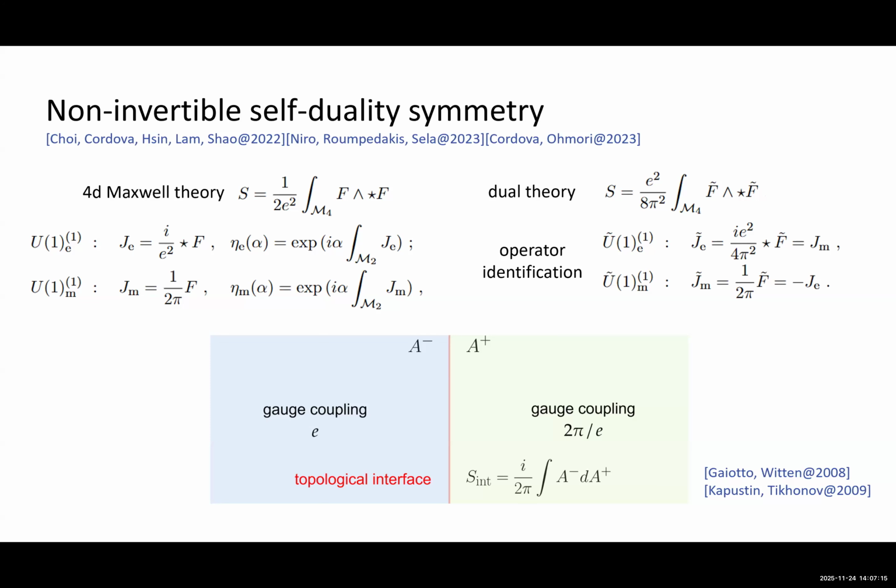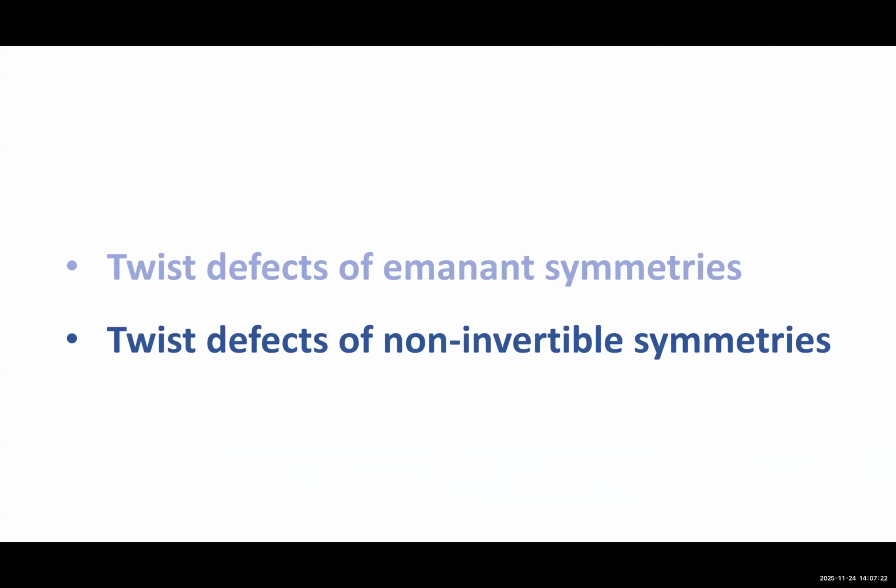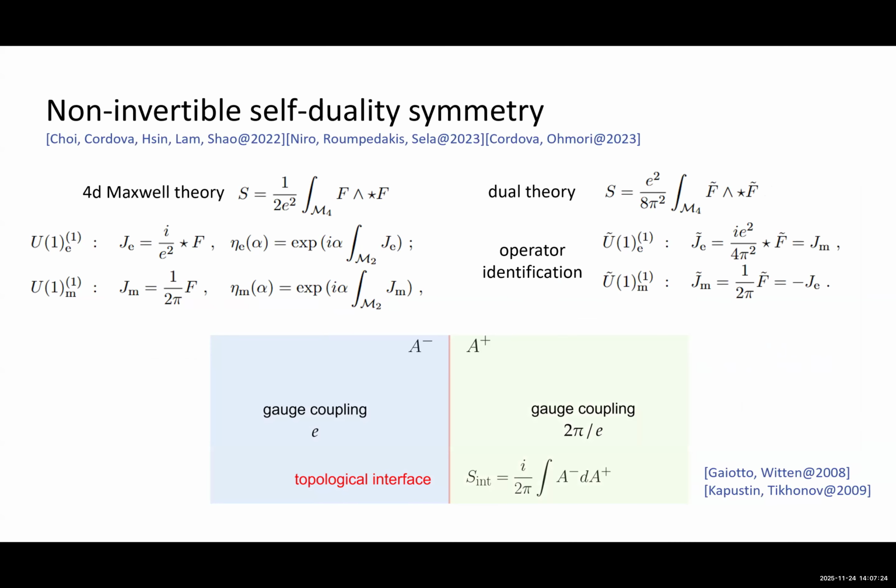The construction goes as follows. You can consider the two different theories defined on half spaces with a Neumann boundary condition on their boundaries. And you can create an interface by coupling the gauge field from the left-hand side, which I denote as A minus, and the gauge field from the right-hand side, which I denote as A plus, via a Chern-Simons coupling.